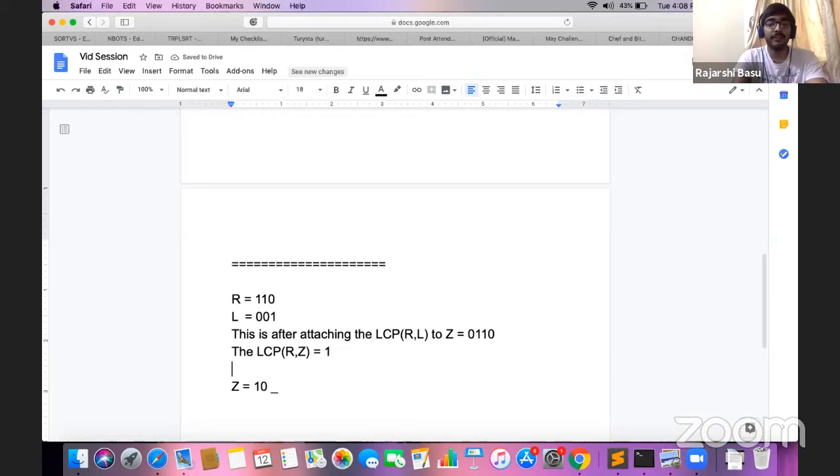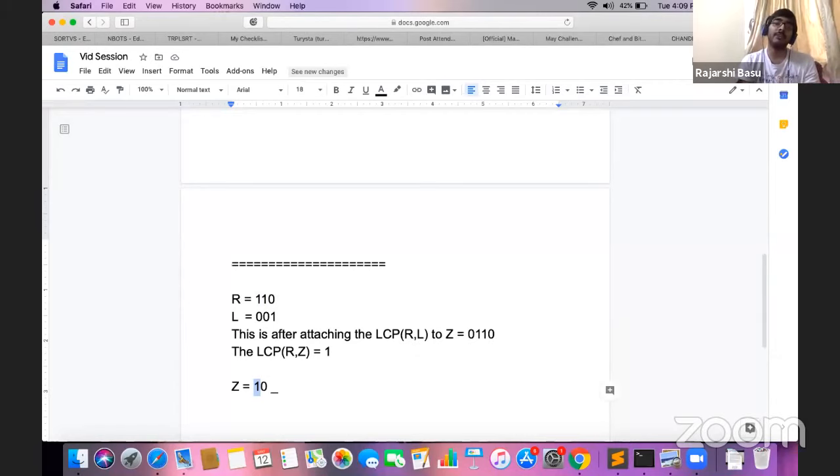So after this, if I say that the LCP of R and Z is 1, then the first character of Z must be 1, and the second character of R must be 1 while the second character of Z must be 0. And the rest of the characters, again, we can put anything. And why will this always be greater than L? Because whenever the first character of Z is the same as R, we already know Z is greater than L, because L has 0 here and R has 1 here.